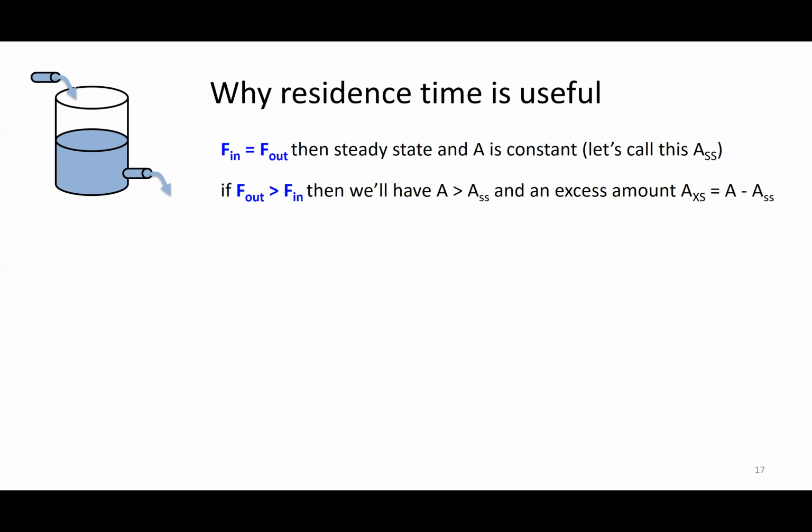Now, if the flux out suddenly became greater than the flux in, then the amount of water in the tank would be greater than the amount supported at steady state. We could call this excess amount of water above the steady state condition the amount in excess, which equals the amount that's actually in the tank minus the steady state amount.